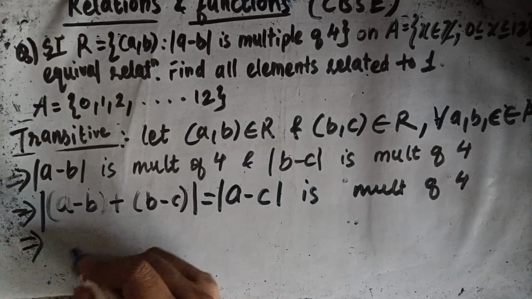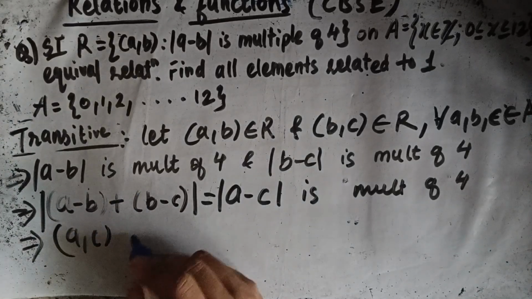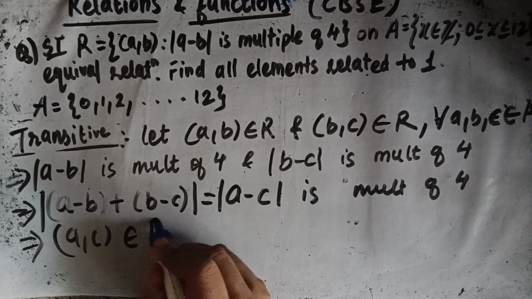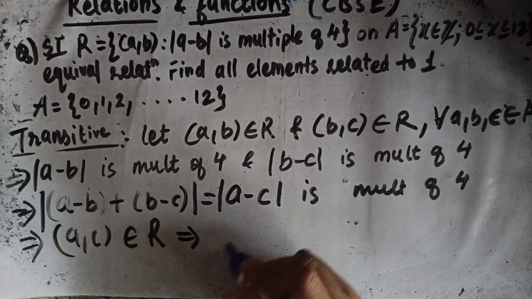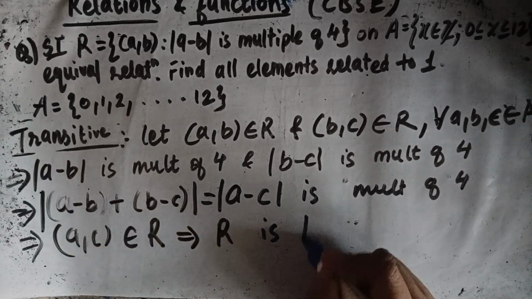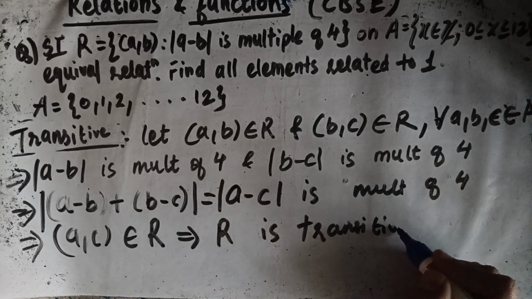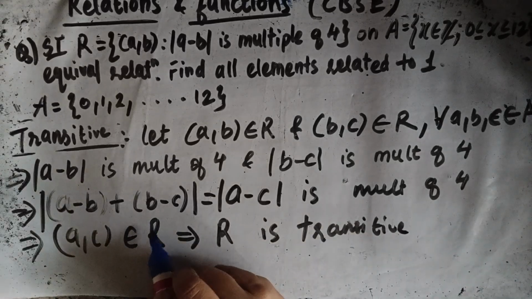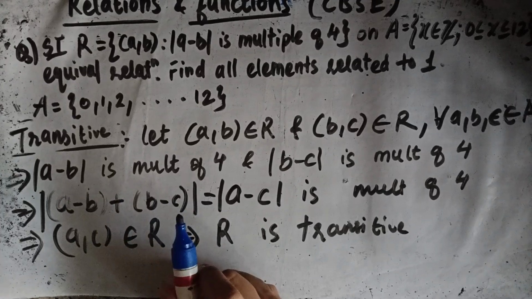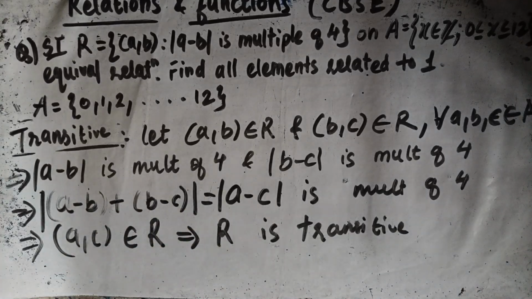So this implies (a, c) belongs to R. This implies R is transitive. We have taken the same steps as we had done for divisible. So R is an equivalence relation.